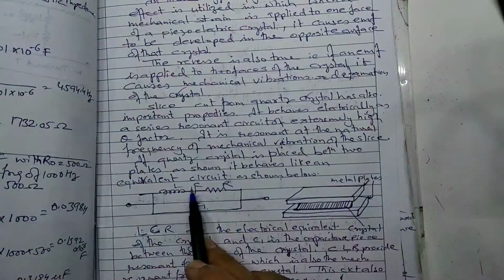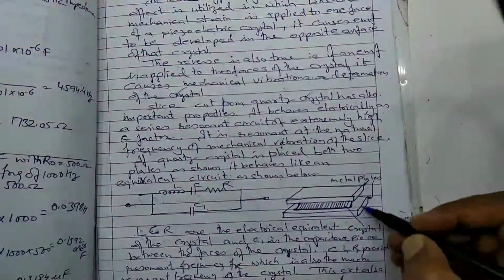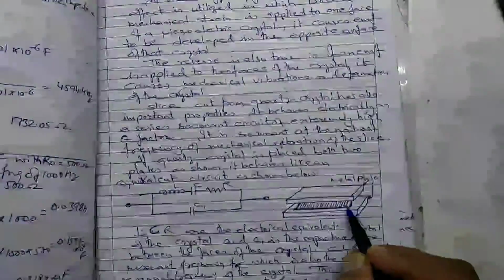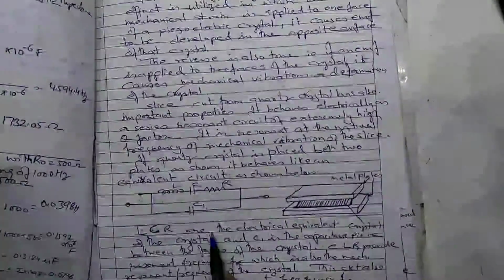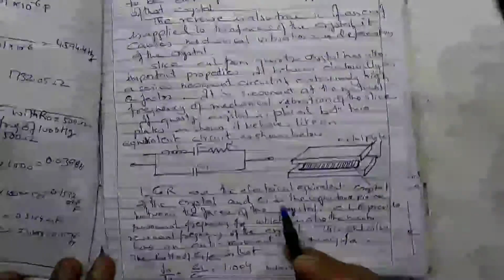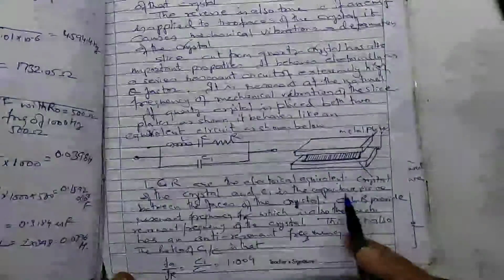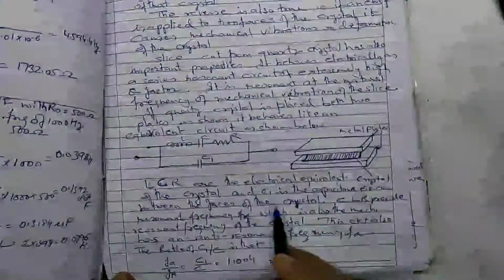So this is L, C, R and C1. These are the two metallic plates and this is the crystal placed between them. L, C, R are the electrical equivalent of the crystal and C1 is the capacitance between the faces of the crystal.